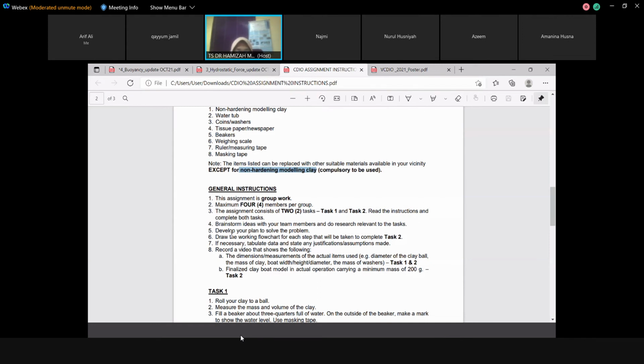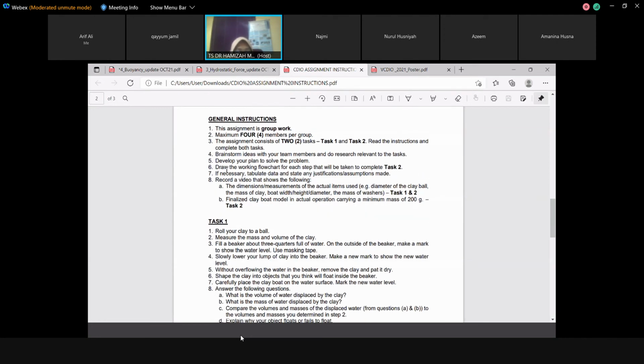And then you need to show how you develop your plan to solve the problem earlier, and draw the working flow chart for each step. If necessary, you need to tabulate the data and state any justification or assumption that you need to make for your floating body or pontoon.